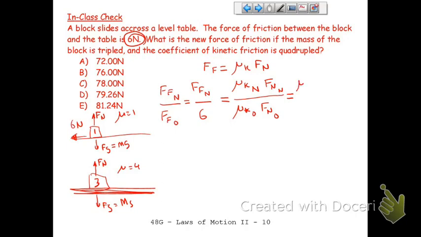So this is mu k new, m new, g new. I'm not going to play with g. G's the gravitational constant of Earth. I'm not going to mess with that, but I'm going to put it in as if I could. M old, g old. You see where that comes from?